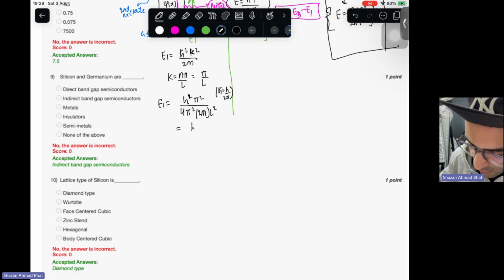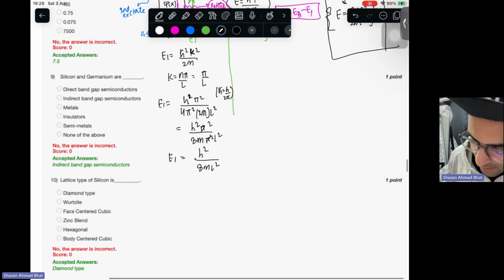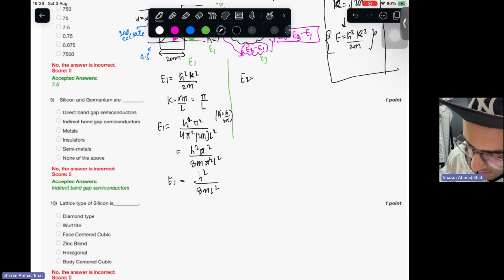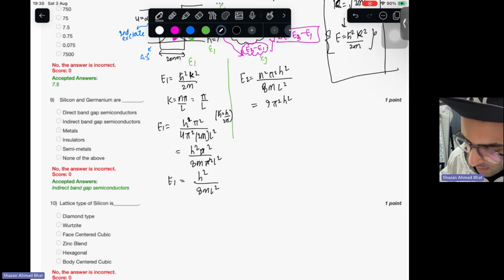So you can write it as h square pi square over 8m pi square L square, pi goes. You can write it as h square divided by 8m L square. This is E1. And E3 is basically again n square pi square h square divided by 8m L square. n is 3, so you get 9 pi square h square.